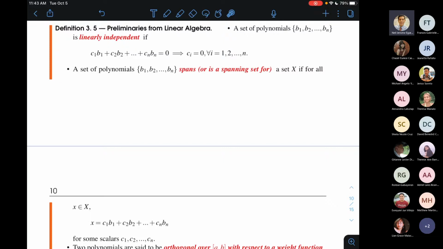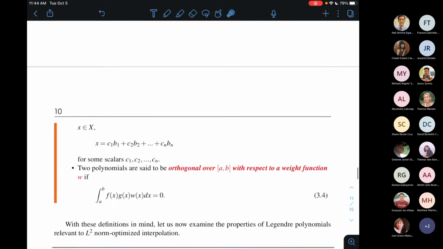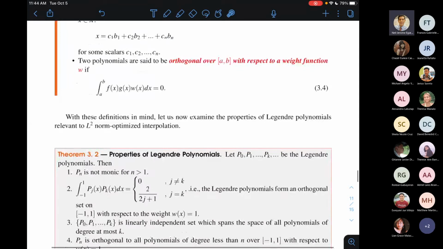The nice thing is, all elements of the space can be written as a linear combination of that set, and the elements of that set are linearly independent.